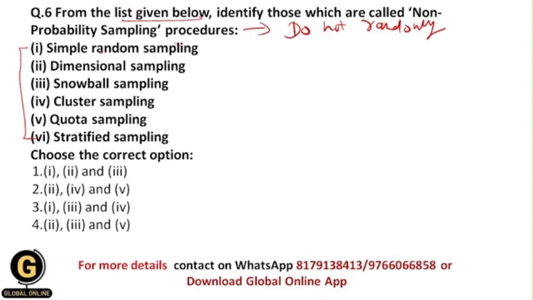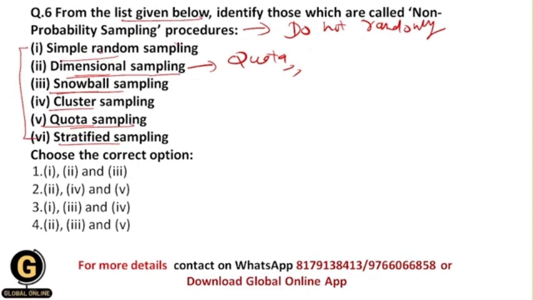Let us see the different sampling procedures: simple random sampling, dimensional sampling, snowball sampling, cluster sampling, quota sampling, stratified sampling. From these, dimensional sampling, snowball sampling and quota sampling are the non-probability sampling procedures. Dimensional sampling is the extension of quota sampling, and here participants get selected because they have particular characteristics.